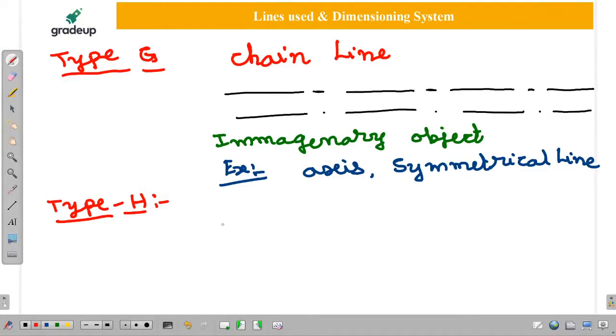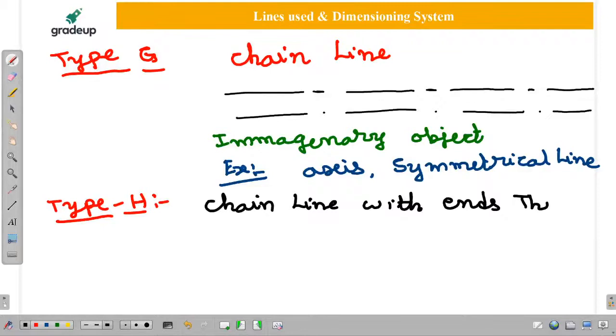This is nothing but chain line with ends thick. All of you observe. All these together, I will show in a single diagram. Don't worry, my dear friends. Chain line with ends thick. So how is it going to be?